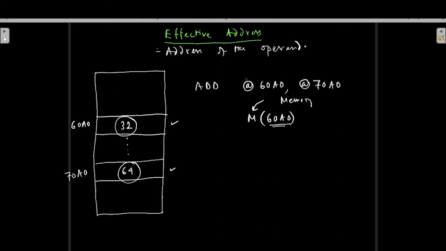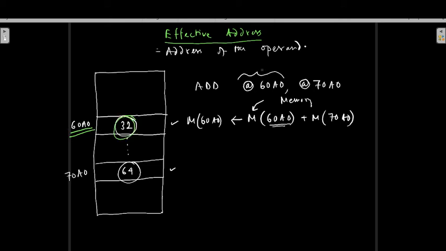So this instruction says that add the content of 60A0 with the content of 70A0 and store the result back to this location, M of 60A0. Here this 60A0 is the address of 32.